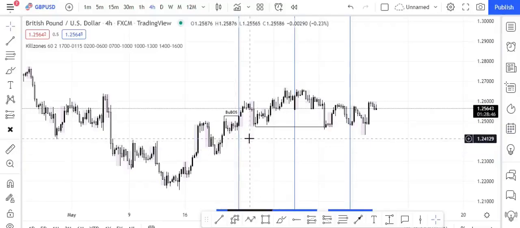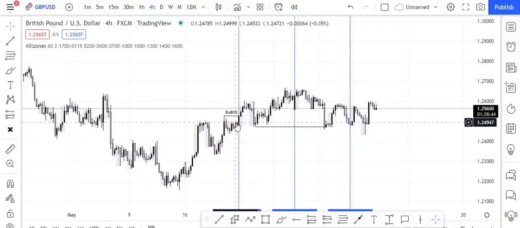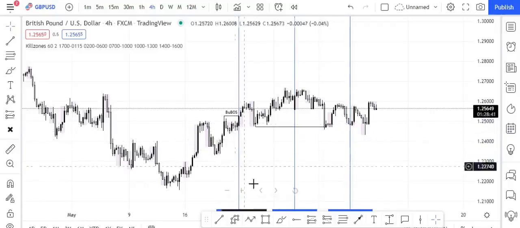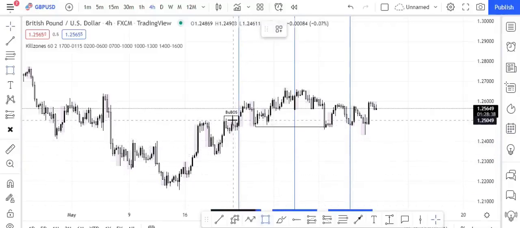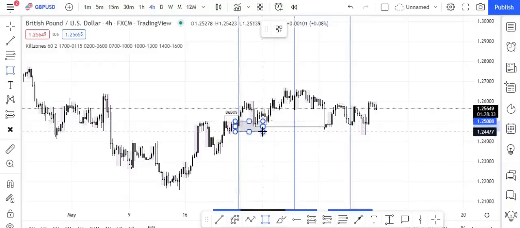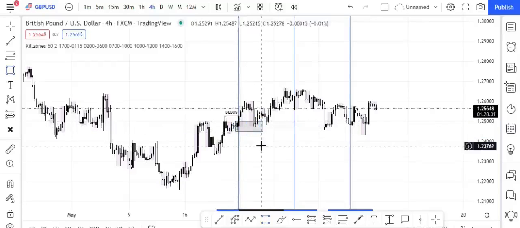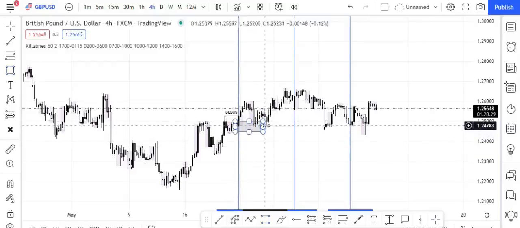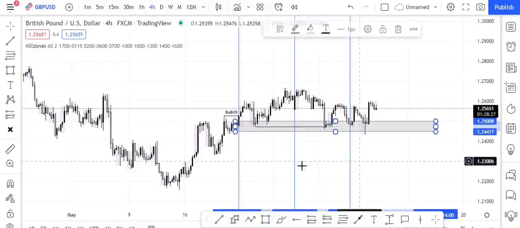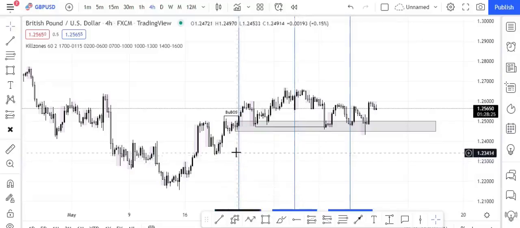Now, leaving this OB here. Can you see this OB? Please, I want you to follow me. This is crucial. I'm slow about it so that you can follow me very, very well. So that is a point of interest. Drag it out. Now that point of interest, look at what happened when price broke this structure here.